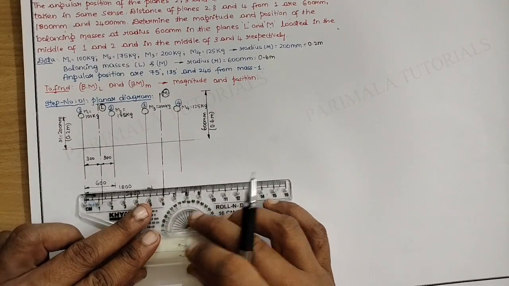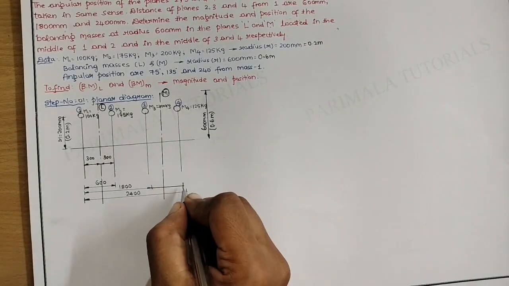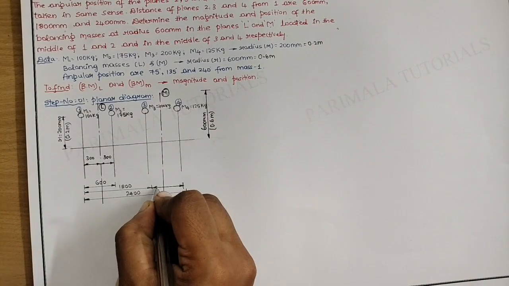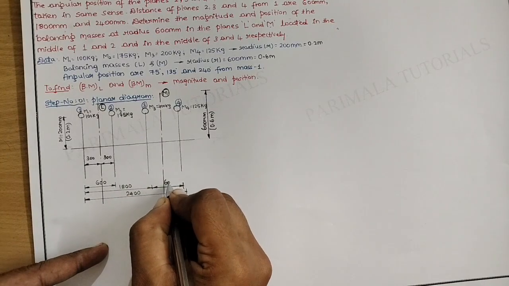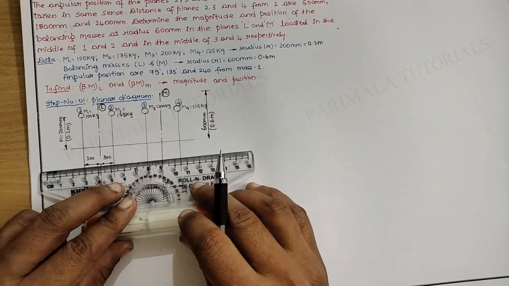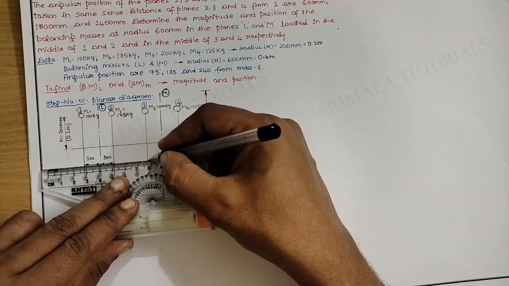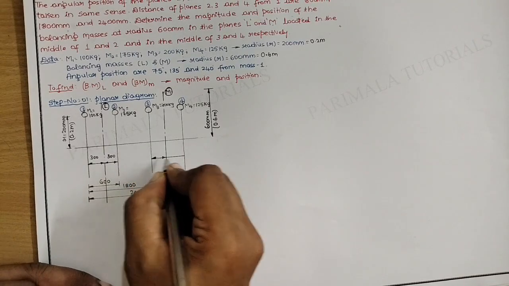Now, don't you think the distance between the planes 3 and 4 is nothing but 2400 mm minus 1800? So this distance is now 600 mm. When a balancing mass is drawn in the middle of 600 mm, the distance would be once again 300 and 300.